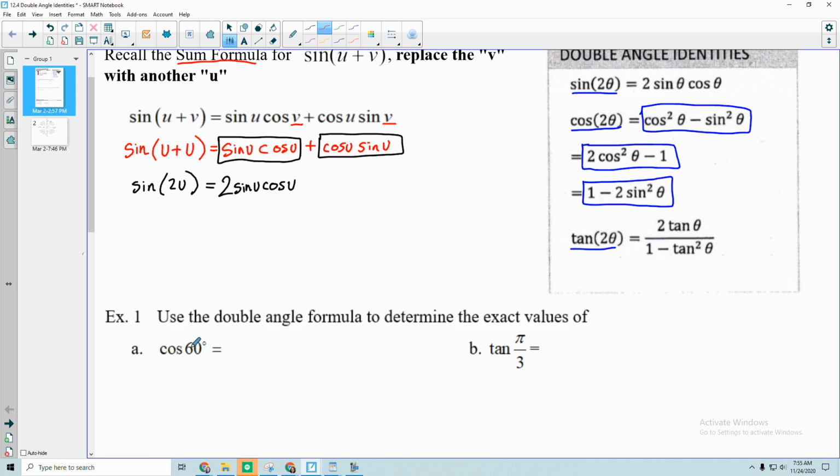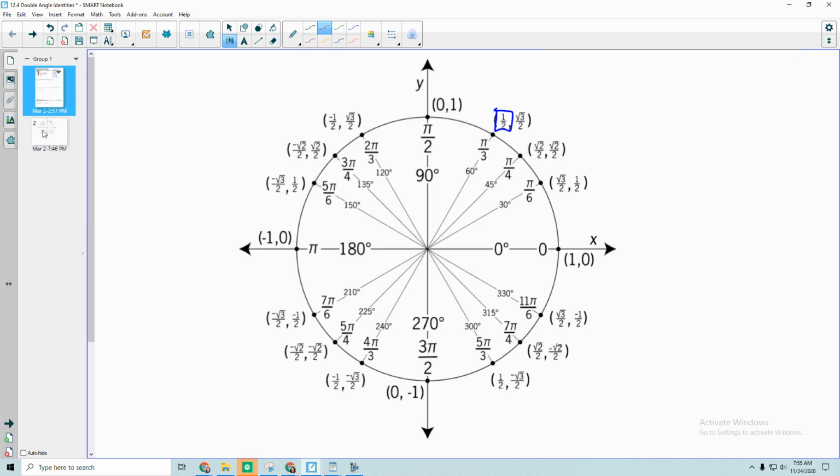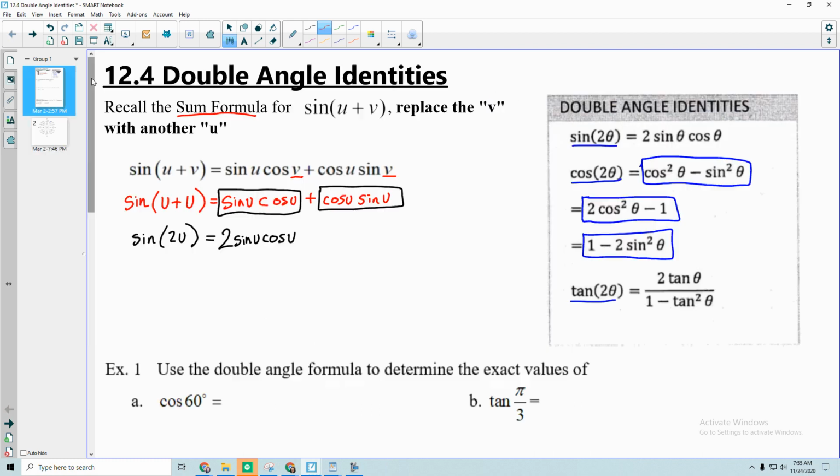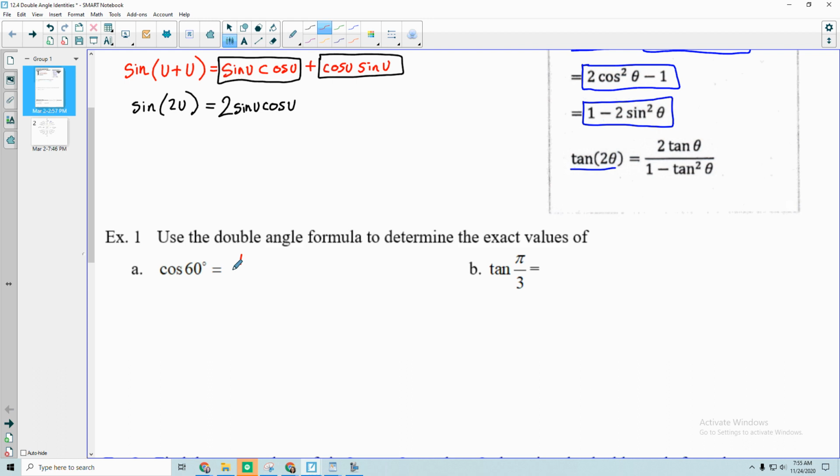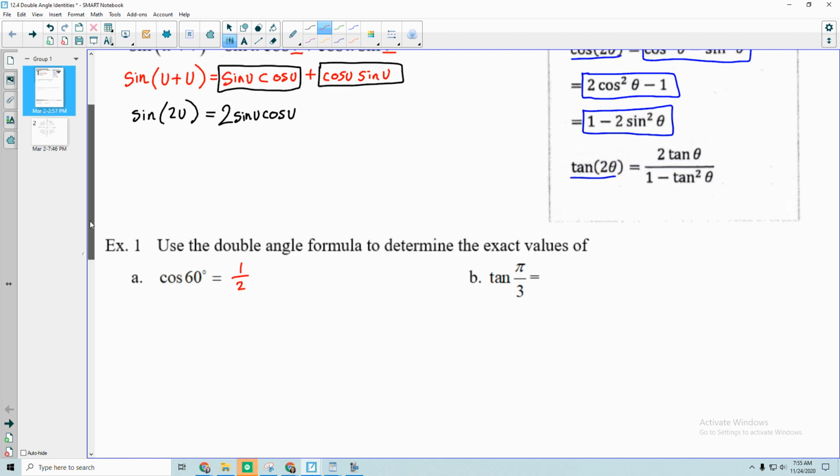I just go to 60 degrees, I know that angle is on the unit circle, and I look at the x value, because cosine is the x value. So if I did that right now, I went to 60 degrees, the x value is 1/2. Great, I already found the answer, that's it.